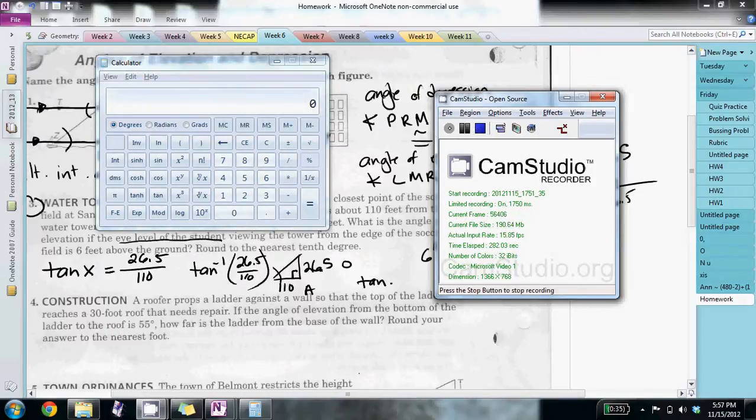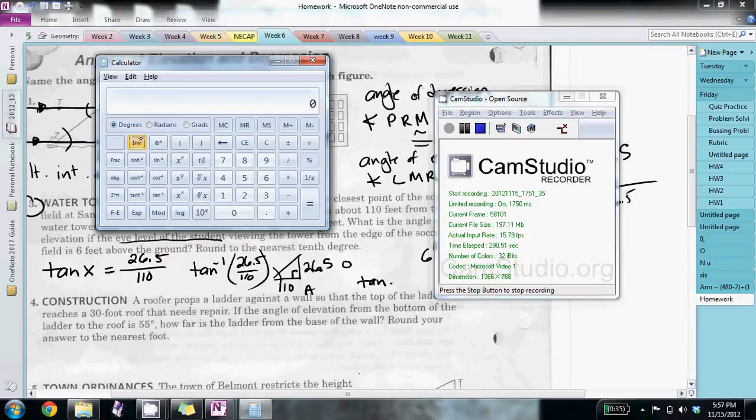Alright, so hopefully you have your calculator ready to go. I've got a scientific one that I'm going to use, and I'm going to be using the inverse function. So on my calculator, on my computer, I have to hit the inverse button. If you're using a graphing calculator or a scientific calculator, you may need to use the second function key, because you want to find where the inverse tan is, and that would be this button right here.